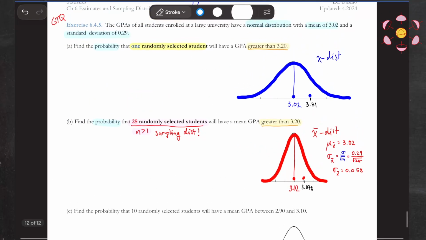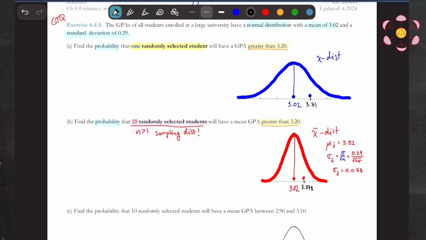So part A, back to a single student, right? One. That means we use the original notation. We're going to say, okay, that one student, we're going to think of them as an X. Their GPA is bigger than 3.20.